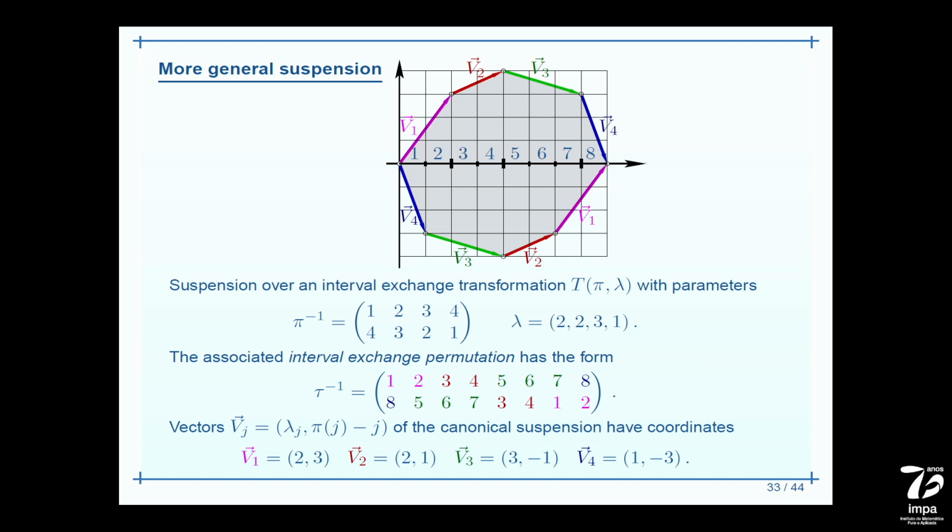We consider the lengths of subintervals. Here we have these. So we can repeat everything which I told about the torus. And we construct a suspension. We get to some stratum of abelian differentials.